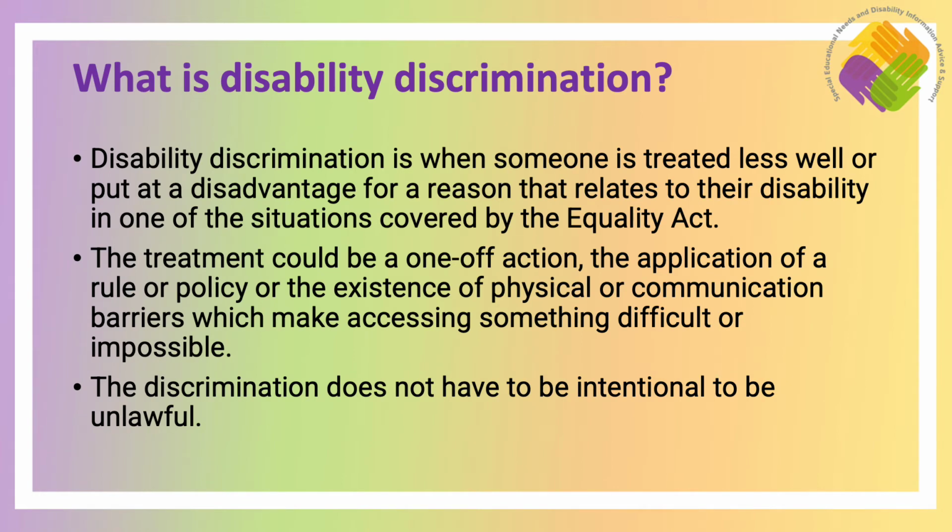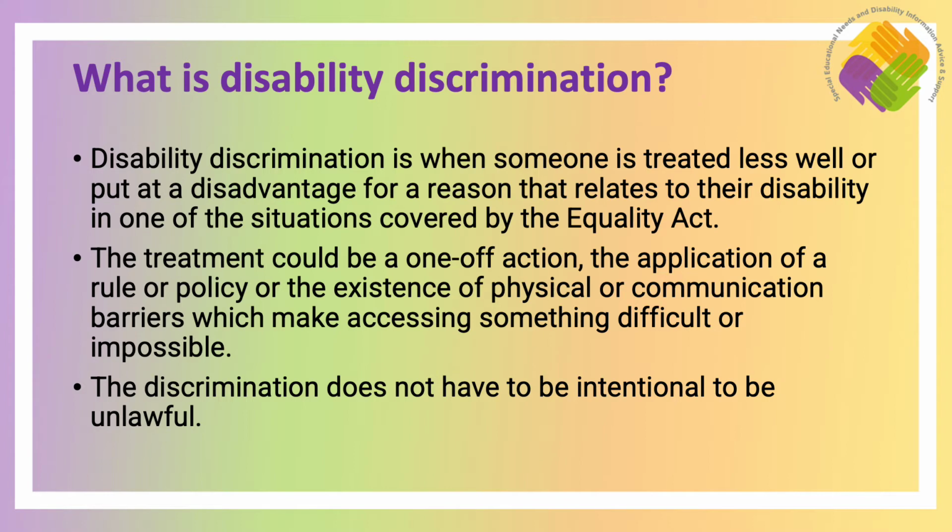So firstly, what is disability discrimination? What this means is that when someone is treated less well or put at a disadvantage for a reason relating to their disability. And we're going to talk about a document called the Equality Act. This is what outlines disability discrimination and what it is. And it's important to know that the discrimination doesn't have to be intentional to be unlawful.